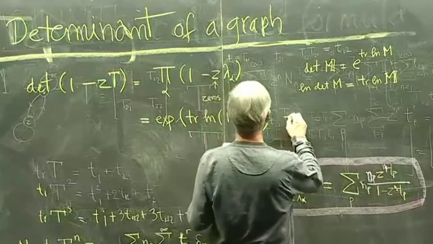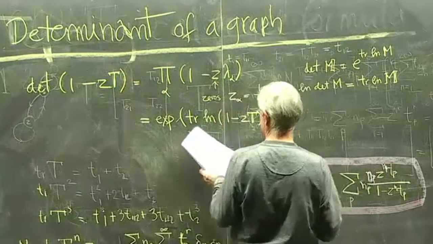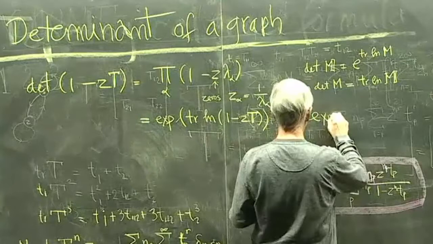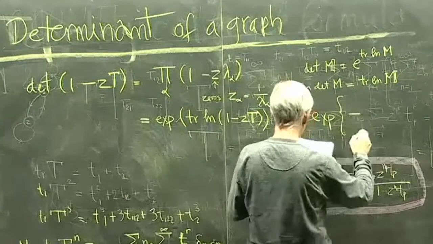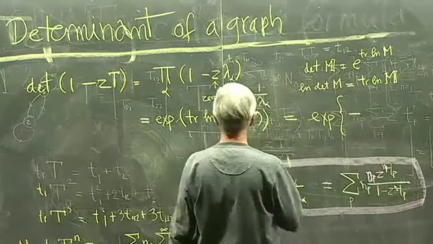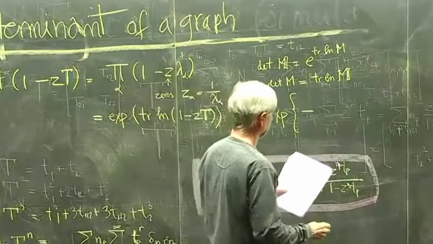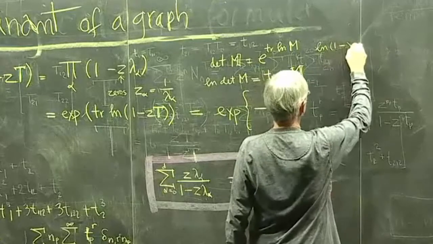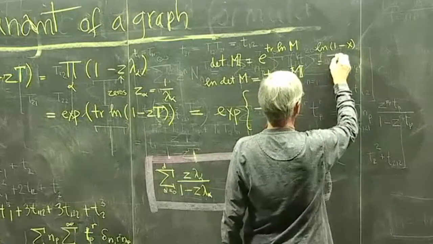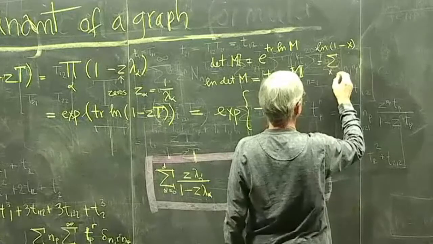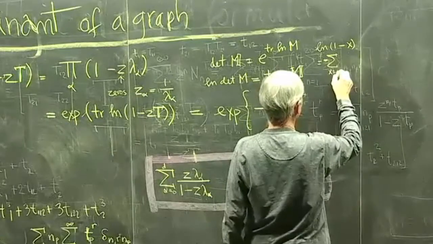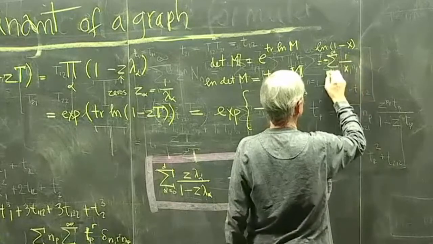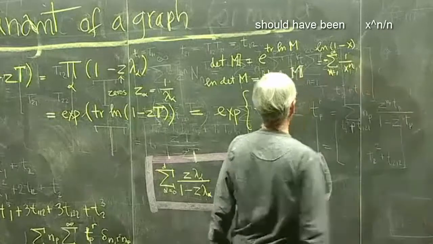Now, this we can write as a logarithm, right? We can write this as exponential of minus. There is a 1 here, and this minus is convenient, so if you remember, log of 1 minus x is minus the sum over n from 1 to infinity of 1 over n times x to the n power.